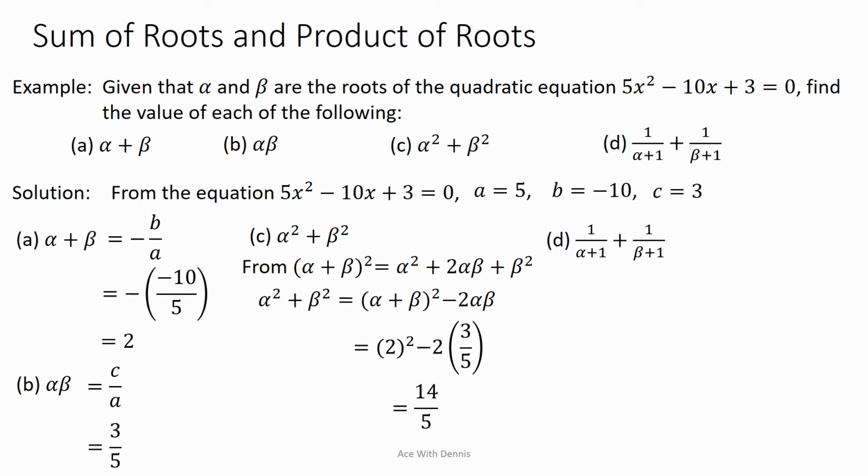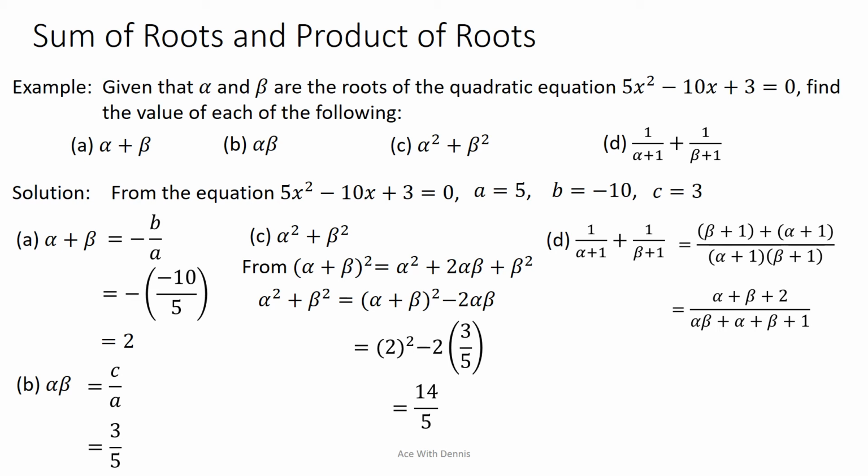For d, 1 over alpha plus 1 plus 1 over beta plus 1. We can make them to have the common denominator of alpha plus 1 times beta plus 1. Hence, the numerator becomes beta plus 1 plus alpha plus 1.